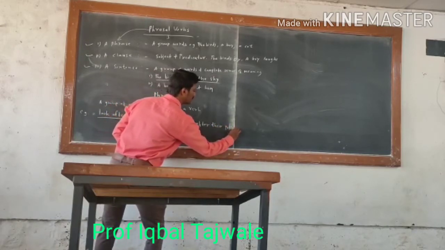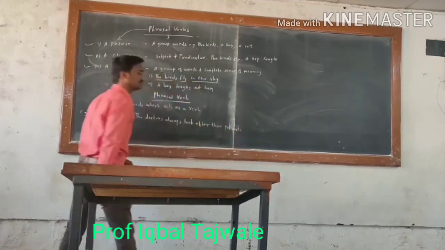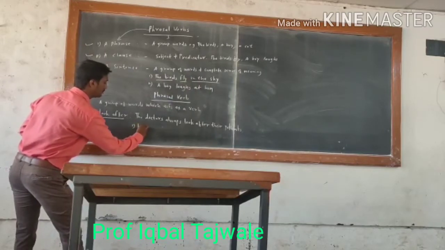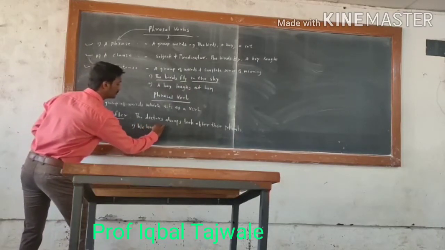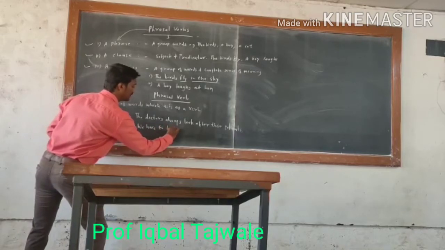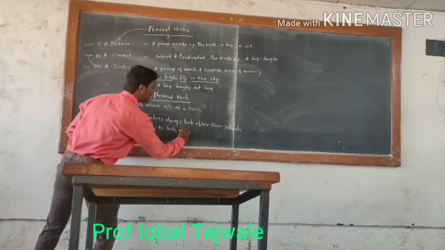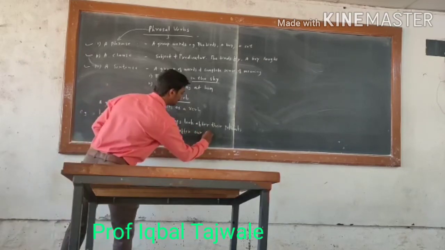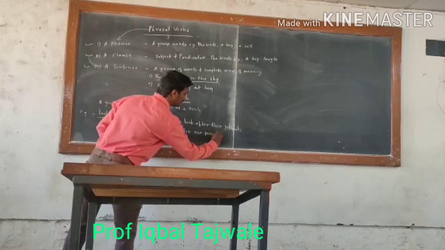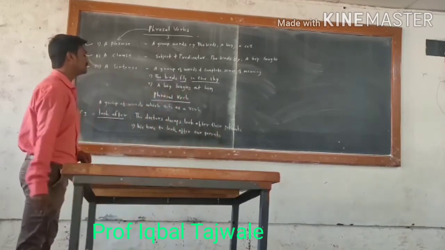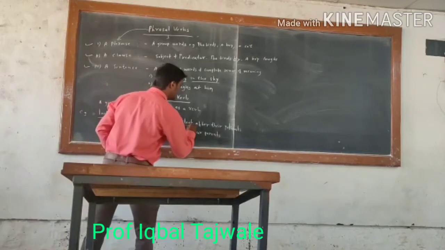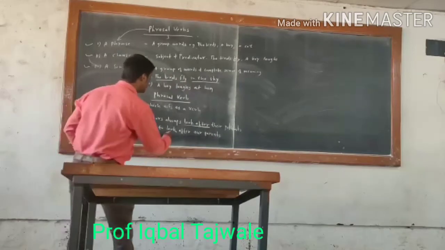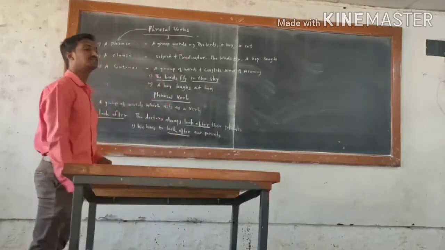Or you can say we have to look after our parents. So we have to look after our parents. Here, if you could see, this look after is functioning as a verb, phrasal verb. Here also, the look after functions as a phrasal verb.